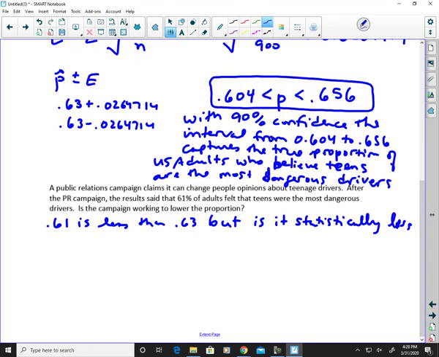So here's the way I would word my answer to the question posed above. Is the campaign working?